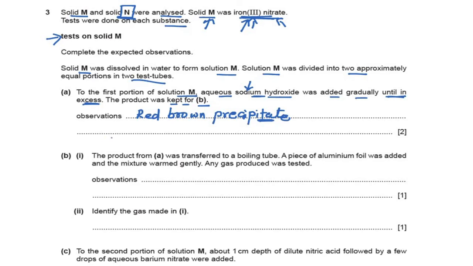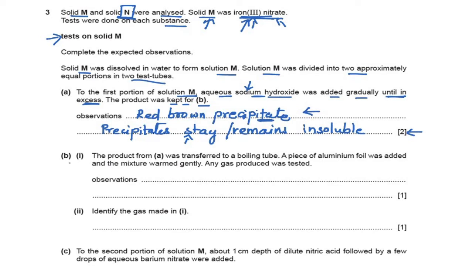But for iron(III) the precipitate doesn't dissolve, so we can say the precipitate stays, or the precipitate remains insoluble. You can write any one of these. There are 2 marks here: 1 mark for the correct color of the precipitate, and the second mark for the solubility of the precipitate.